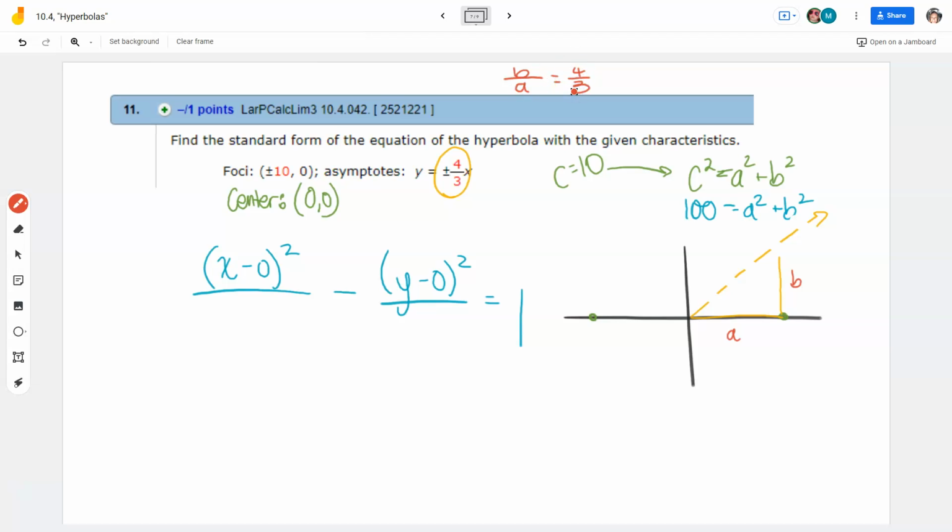I know your brain's like, therefore, but doesn't that technically just mean that 3B is equal to 4A, that this is some multiple that reduces down to be 4/3? Couldn't that be 40 over 30, 400 over 300, or 4 times something random like 7, 28 over 3 times 7, 21? All I know is it reduces down to be 4/3. I don't know what actually was 4 or was 3.